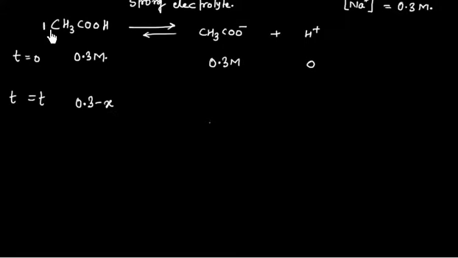Now to solve this equation, we will make two assumptions. First assumption is, since acetic acid is a weak acid, very little CH3COO minus will come from acetic acid.